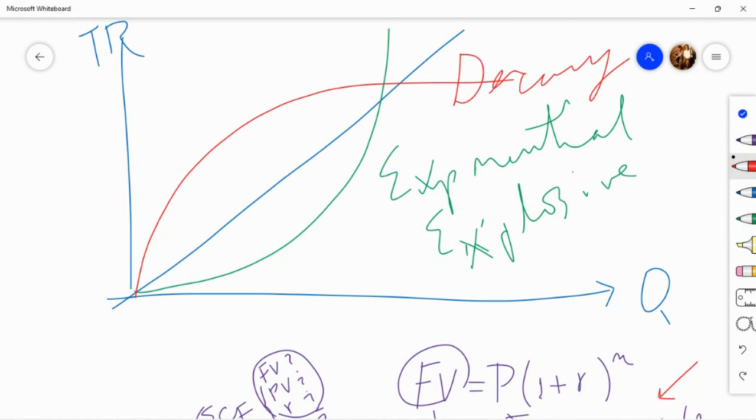Because as you can see, the slope of this curve represents the rate of change, and the rate of change is getting steeper and steeper.